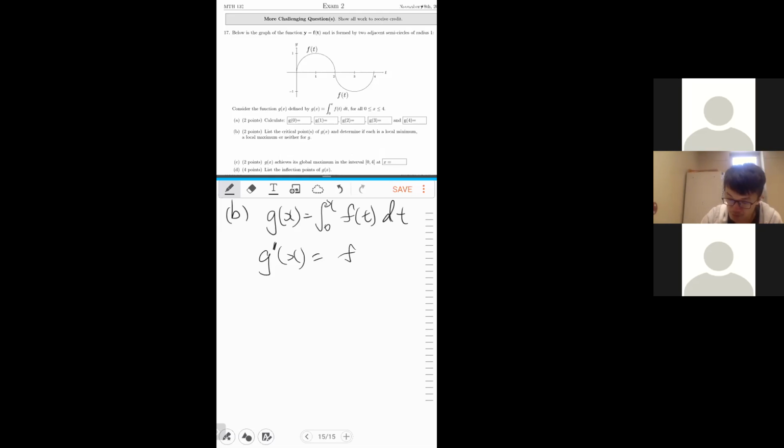G prime of x is f of x. Why is it? By what theorem? The fundamental theorem of calculus. So g prime of x is f of x, and I want to find the critical points of g of x, so I need to set the first derivative to be 0.